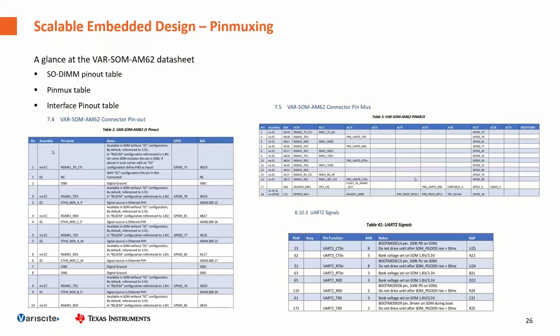Almost all the pins provide a GPIO function, but you can also choose an additional option. This also means that the same function may be available from different pins. So for example, if you look at table 41 that shows the UART2 signal, you can see that the same functionality is available from different balls of the SoC just through a customized Pinmuxing.